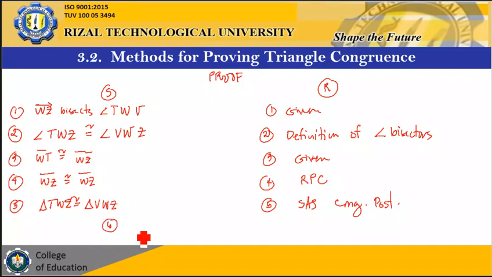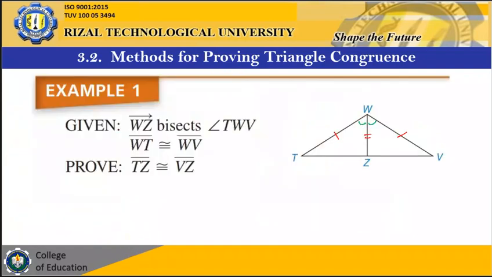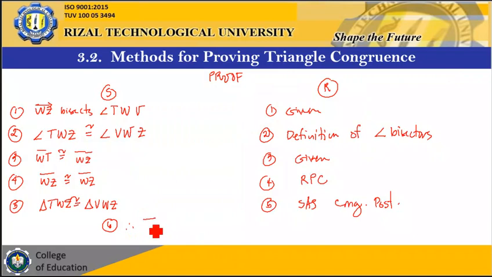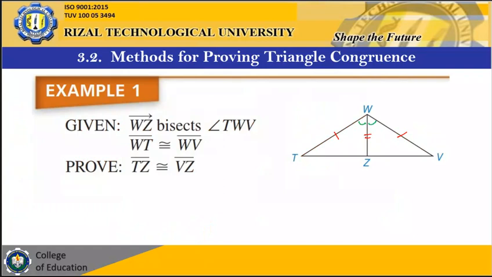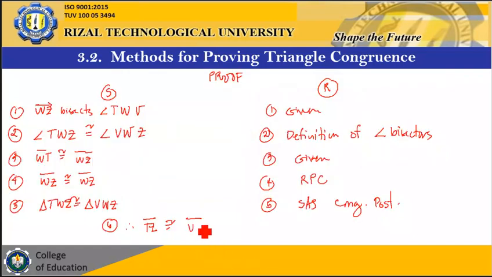So we can now say that therefore segment TZ is congruent to segment VZ by CPCTC, or corresponding parts of congruent triangles are congruent. That's the converse of the definition of congruent triangles. And this ends our proof.